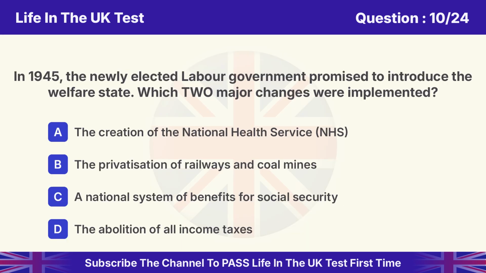Question 10. In 1945, the newly elected Labour government promised to introduce the welfare state. Which two major changes were implemented? Option A, the creation of the National Health Service, NHS. B, the privatisation of railways and coal mines. C, a national system of benefits for social security. D, the abolition of all income taxes.